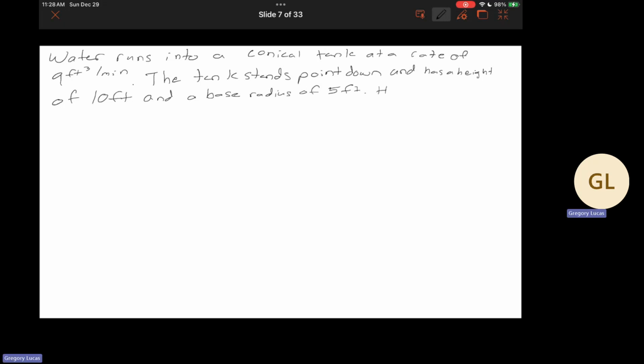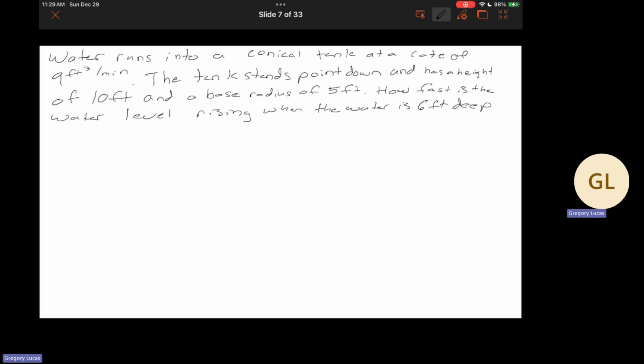How fast is the water level rising when the water is 6 feet deep?